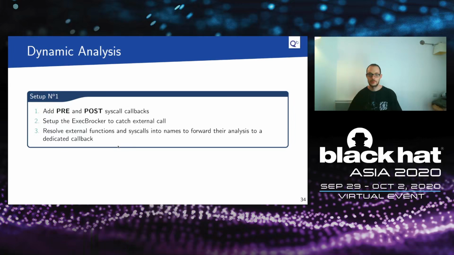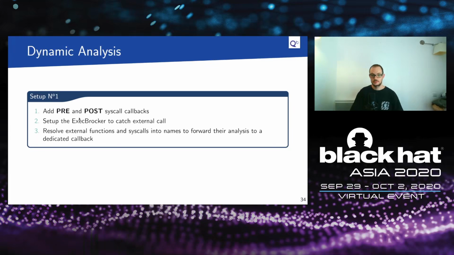One of the first configurations that we can use to address obfuscated code is to set up a syscall callback, because sometimes obfuscators try to inline syscall functions so that you cannot, for instance, do hooking. But since you have QBDI, you can have a callback on syscall and it's okay.